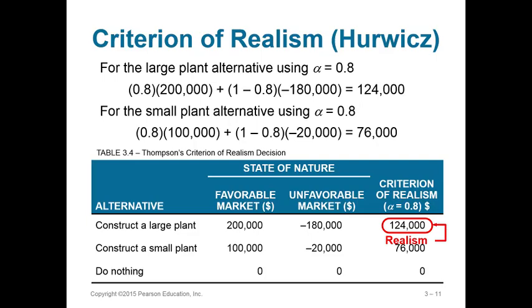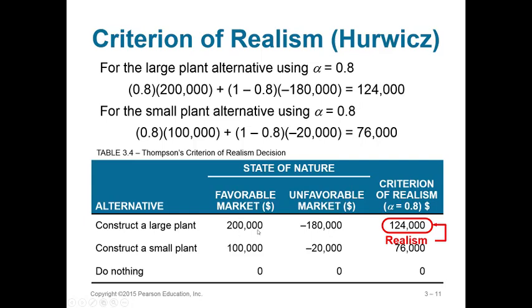And in this situation here, you find they've decided they're 80% positive instead of 80% negative. They're 80% positive, 20% negative, and that's how they come up with these numbers here. So the 200,000 times 0.8, and then 180,000 on the negative times 0.2.